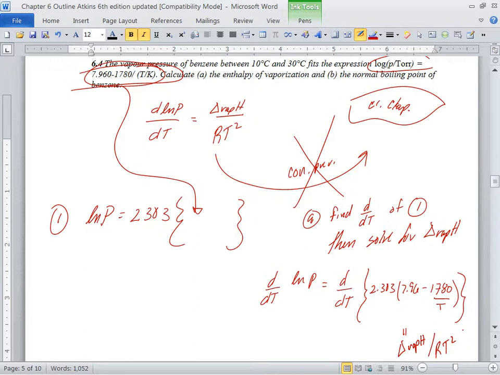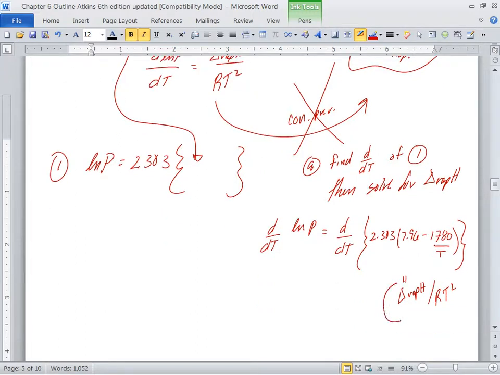What are the units? Is it Kelvin? How do you know what RT is? Well, in order for this to work, if you're going to use this expression, P has to be in torr and T has to be in Kelvin. And then when you solve for del vap H, I think R is going to determine the units.